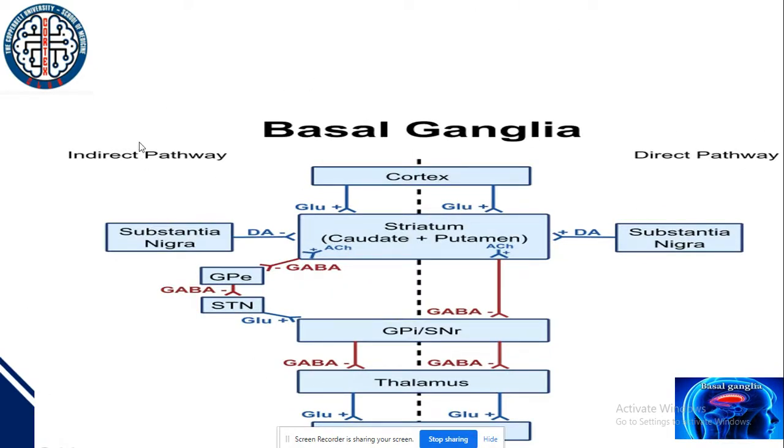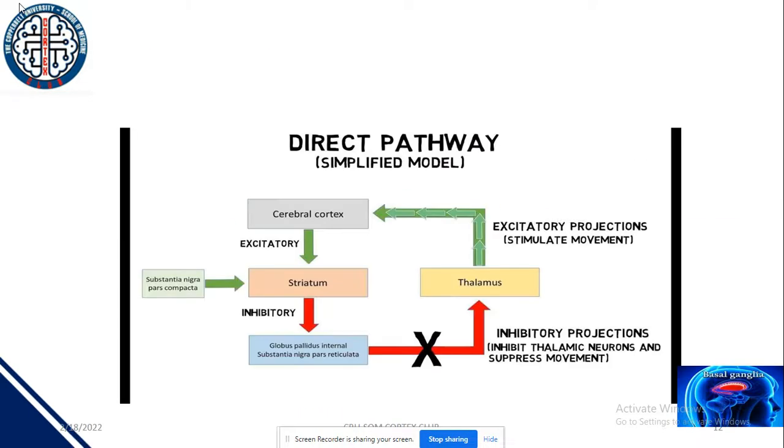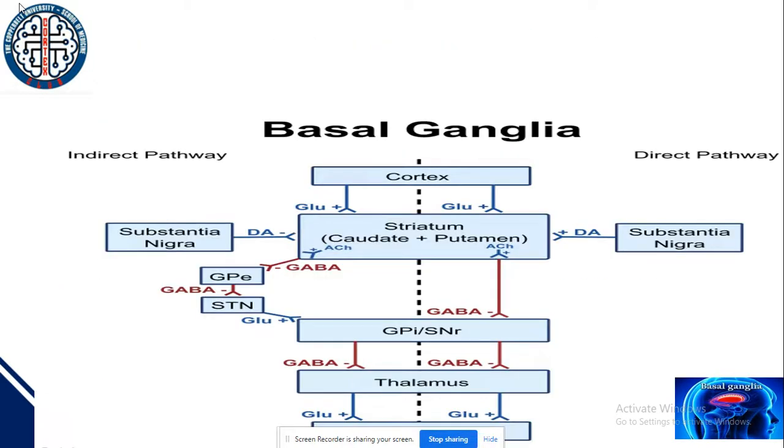So here, if we don't have enough GABA, let's concentrate first on the direct pathway. Sorry, I said indirect pathway, I mean the direct pathway. Yes, okay, just here. So if we focus here on the direct pathway, let's take for instance the putamen.